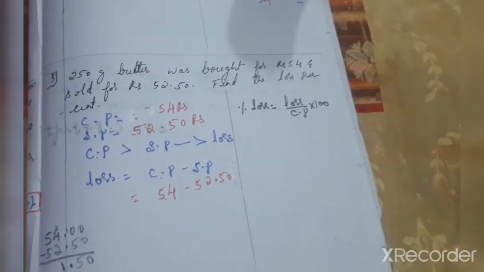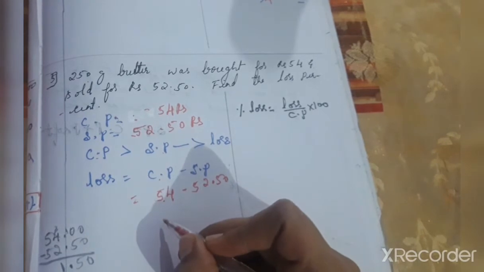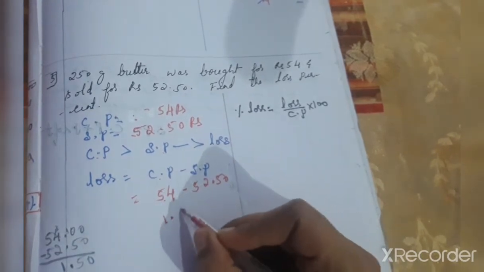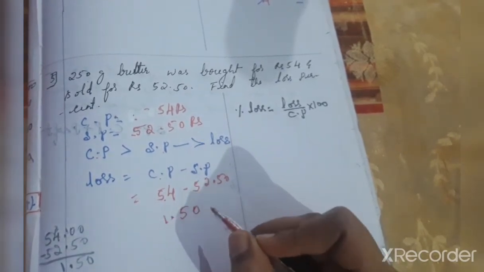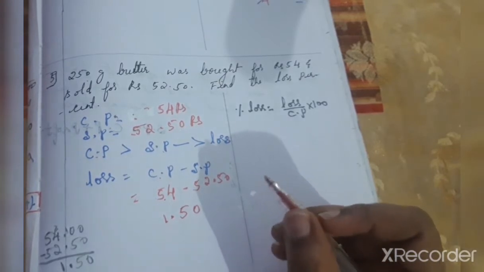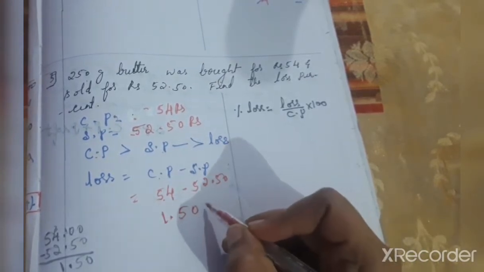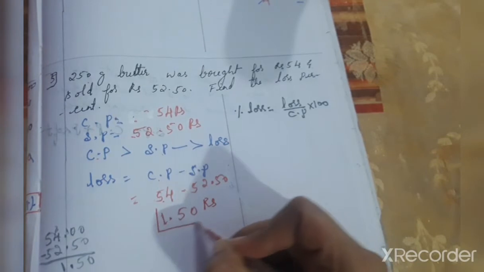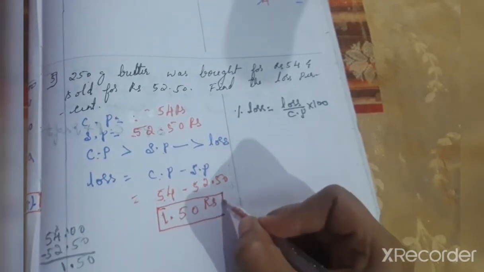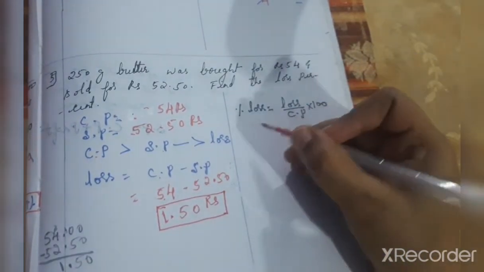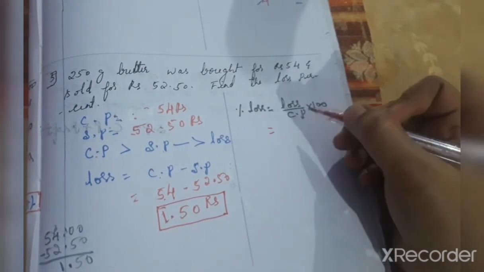So the loss is 1.50. 1 rupee 50 paise, or 1.5 rupees, is the loss amount. Now we have to find the percentage of loss.